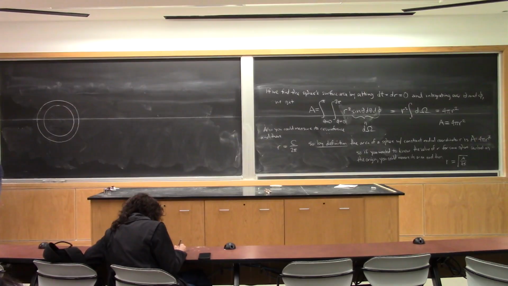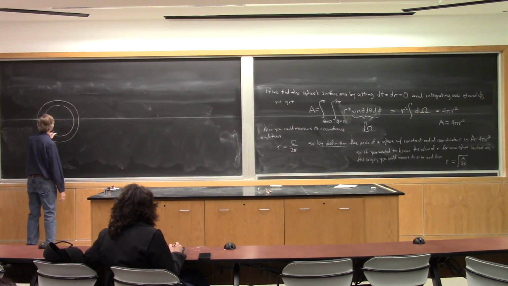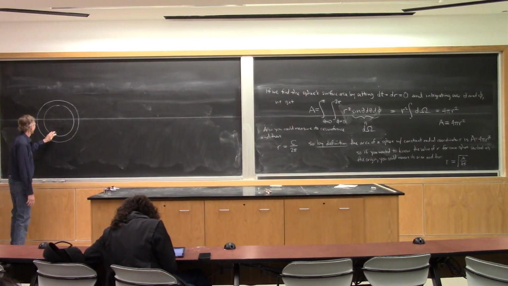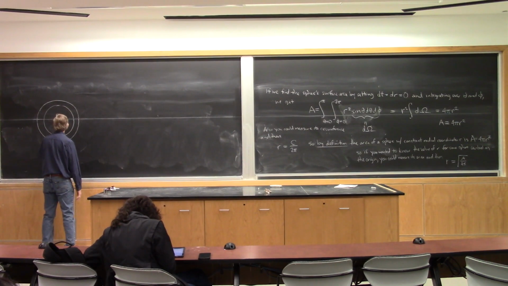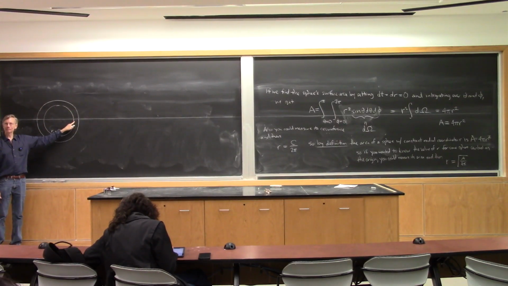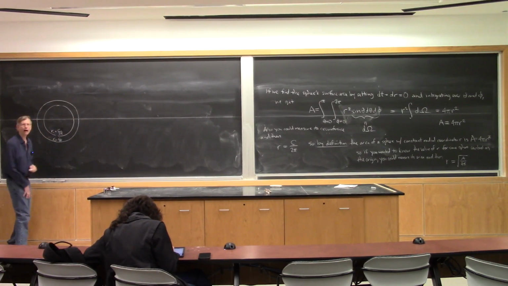Okay, so here, this one has R1 equals C1 over 2 pi. You find the circumference of that sphere. And this one has R2 equals C2 divided by 2 pi.